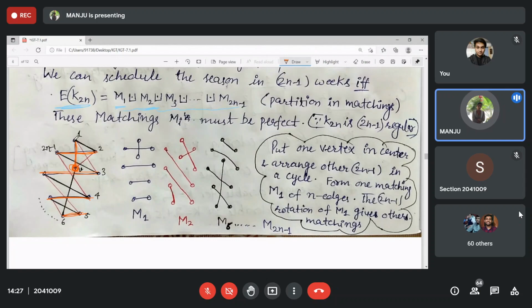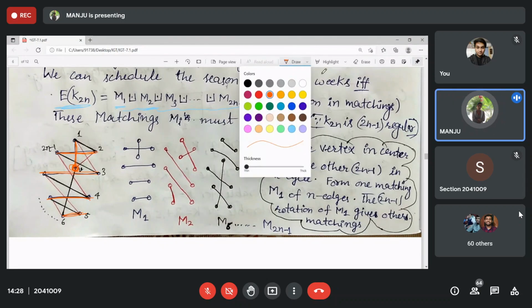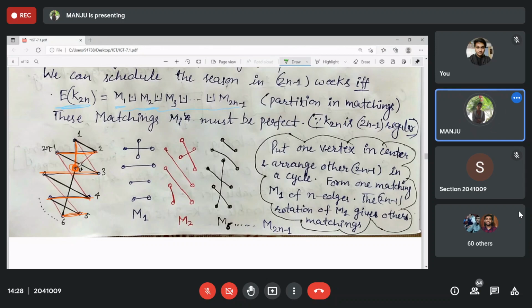Just rotate this edge from 1 to 2, because every two vertices are adjacent, so no need to worry about whether there will be an edge or not. There will be an edge, right? Every two vertices are adjacent. So for the next one, V to 1 is getting rotated to this one.